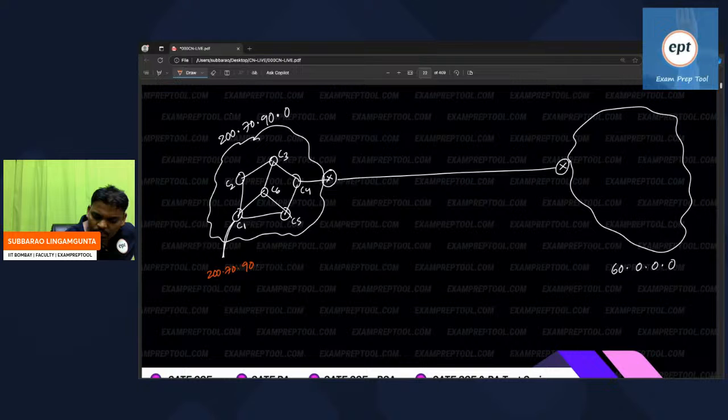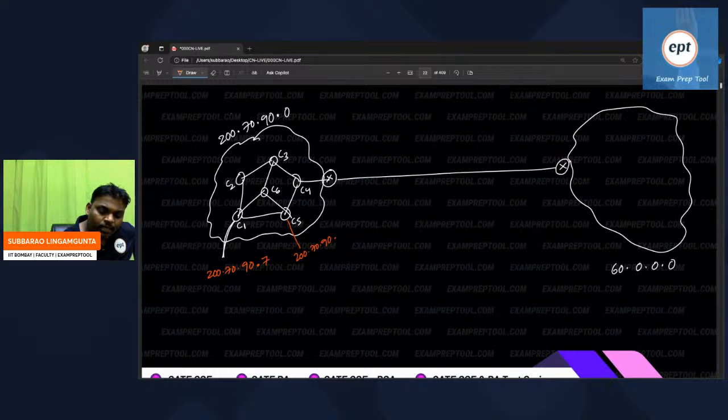See this one. This is the host area. Host number may be 7, so it is 200.70.90.7. This is the host area: 2 power 8 minus 2, 256 minus 2, 254 hosts can be present inside.